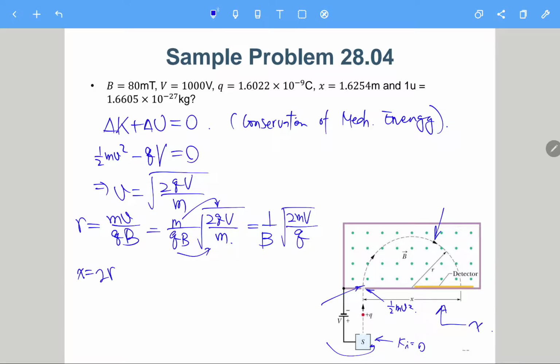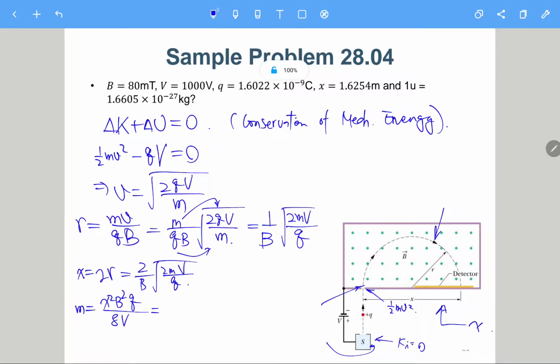So x should be 2 over B times the square root of 2mV over q. In this case, finally we want to find small m. Small m would be x squared B squared multiplied by q over 8V.